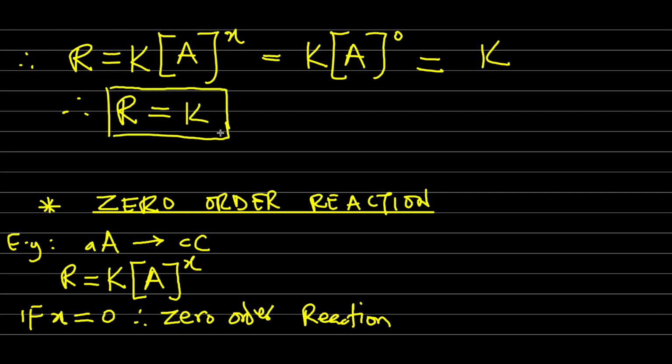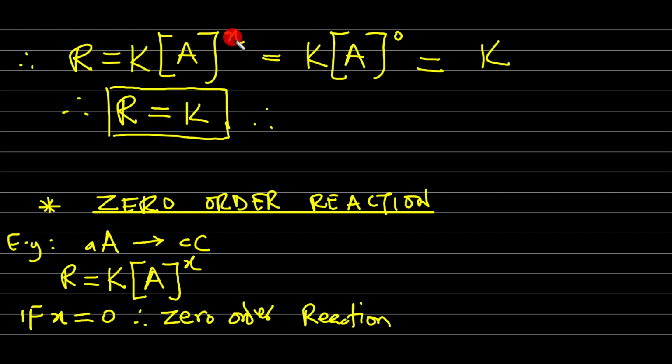Now if we take a look at this, for a zero order reaction, the rate is independent of the concentration. Remember, rate law is basically an equation that relates the rate of a chemical reaction to the concentration of the reactant. In this case, the rate law is R equals K times the concentration of A raised to the power of x.